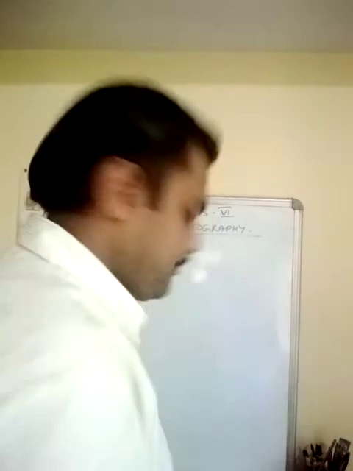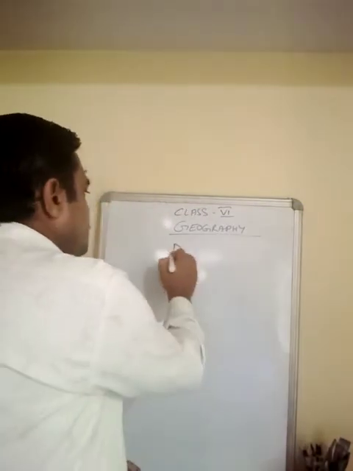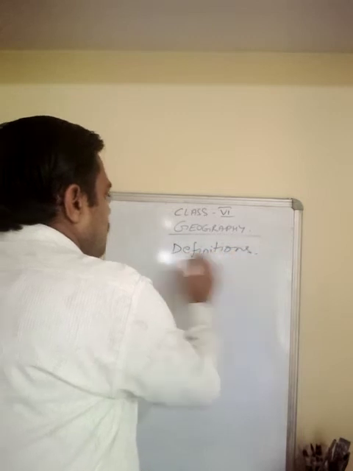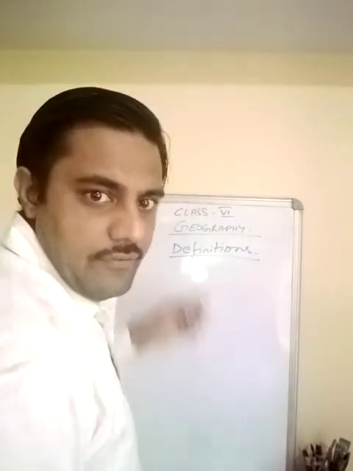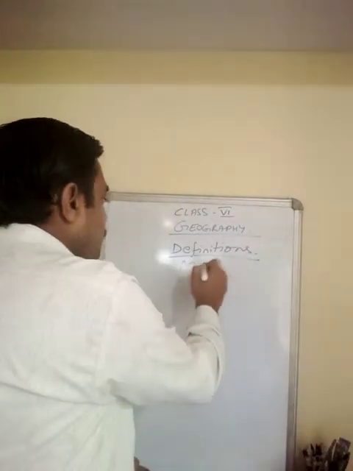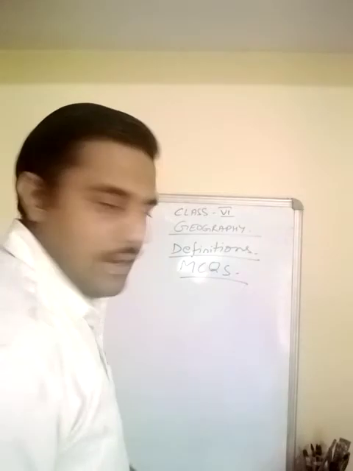Now, dear children, you have already received your syllabus, chapter 1 and 2, everything that has been covered in the videos, right? So, basically, dear children, what you have to look for: definitions, okay? Definitions, that is define the following. Then you'll have MCQs, multiple choice questions, right?